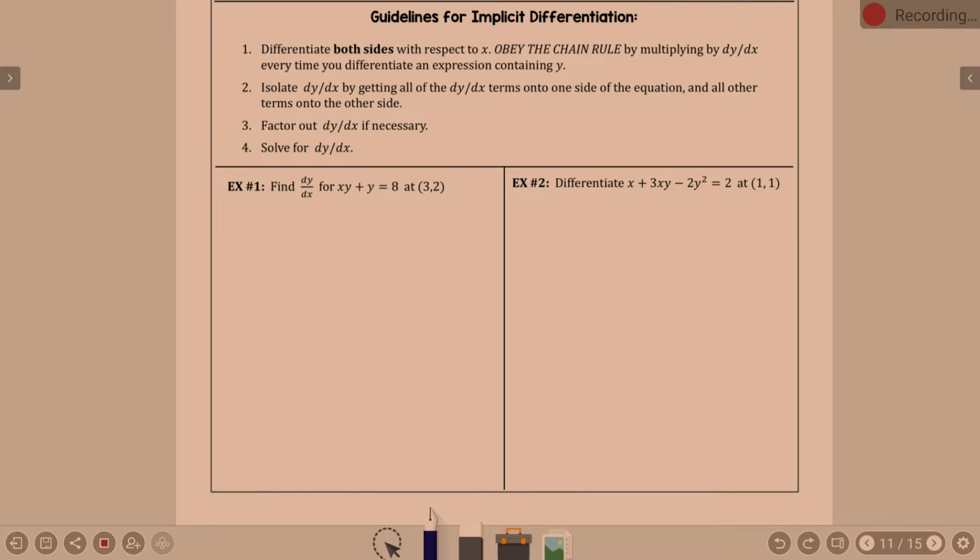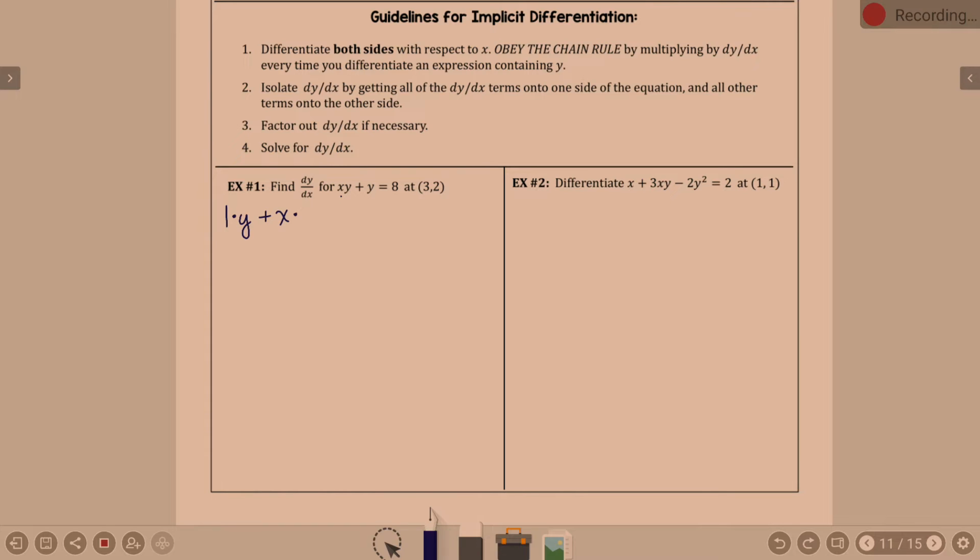Product rule. I know, right off the gate, we're jumping in. The derivative of xy is a product rule because it's x times y. So what is the derivative of x? The derivative of x is 1 times, and you keep the y, plus, now we keep the x.